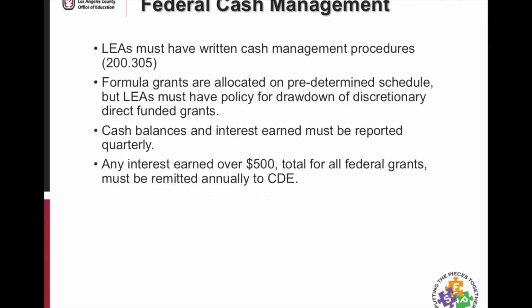For formula grants, it comes through cash management, you spend the money, you have to have reporting, and you should describe how that takes place. But if you have grants that are on a reimbursement schedule, how's that done? Who does it? Who takes care of that? The cash balances, your interest earned reports, who does that? How does that take place? And your interest earned, we mentioned you have to report that, so that needs to be remitted. Who does those things? How does that take place?